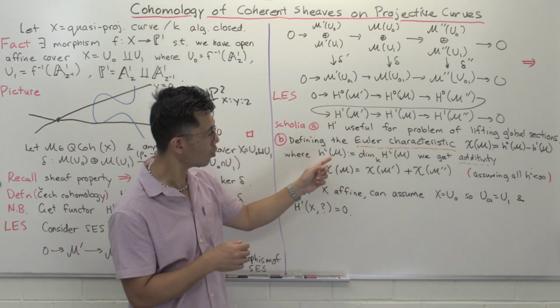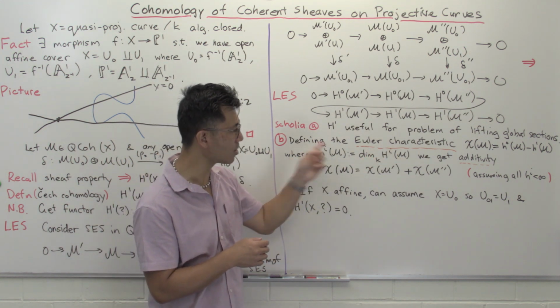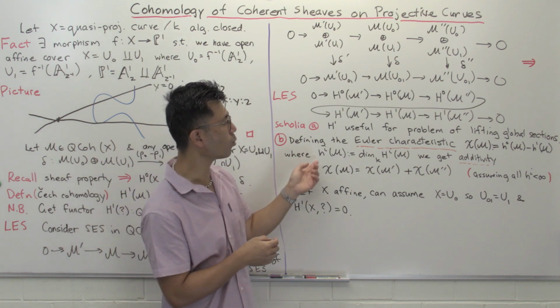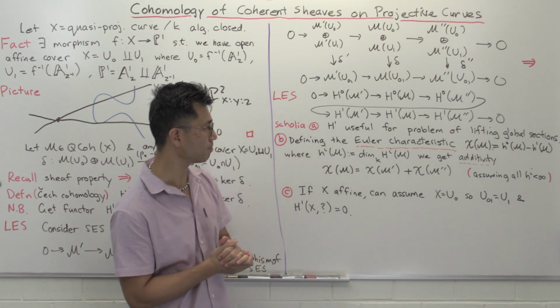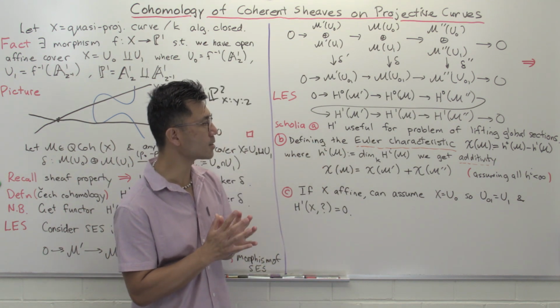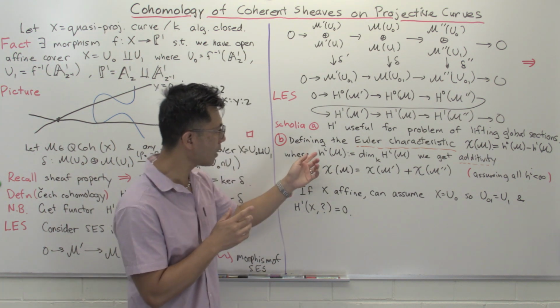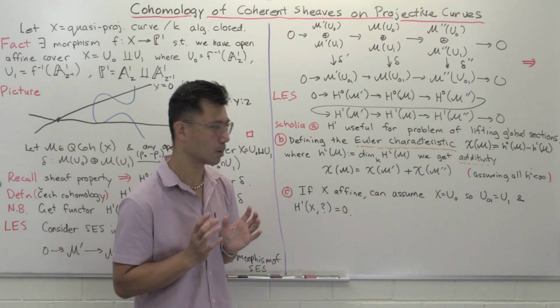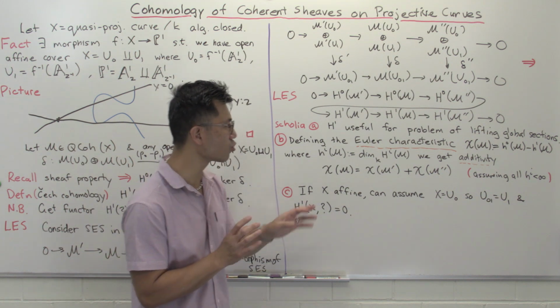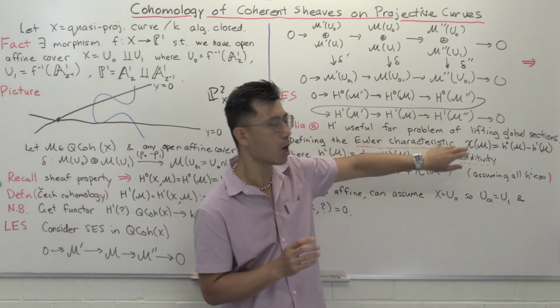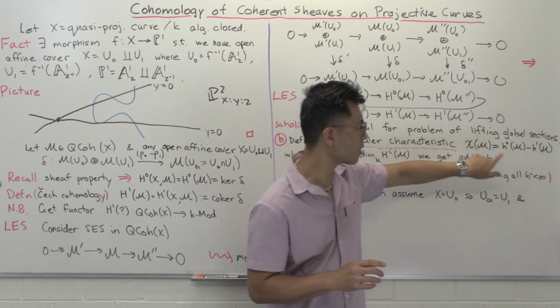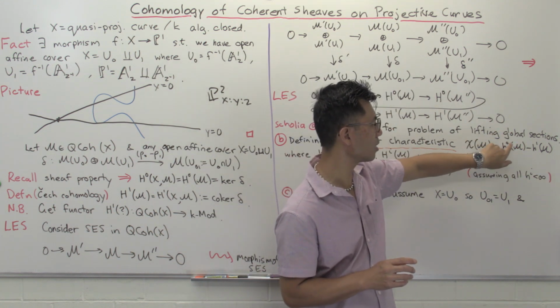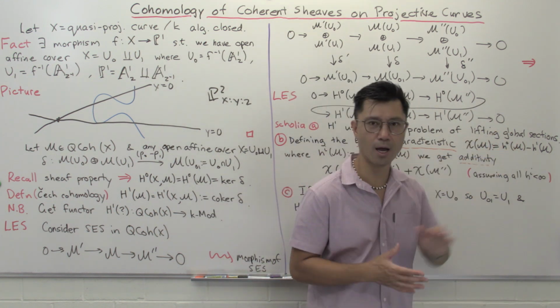Okay, so you're interested here in little h0, but we've also defined here little h1. And the point is that little h0 and little h1 may be a little bit hard to control. But what is easy to control is what's called the Euler characteristic, which is the difference of these two. So this chi of M is defined to be h0 of M minus h1 of M.